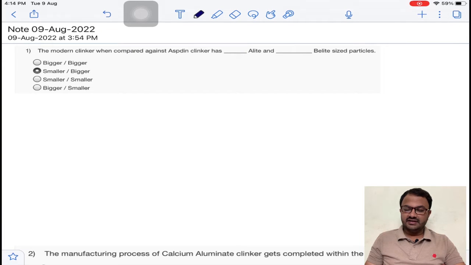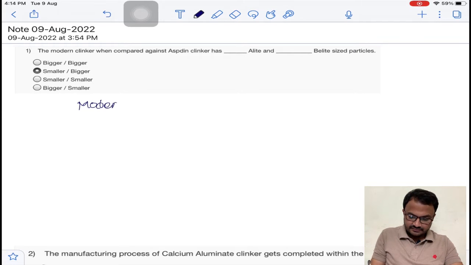So the first question: the modern clinker, when compared against the ancient clinker, has dash amount of alite and dash amount of belite sized particles. The question is a comparison between the clinker that we use now and the clinker that was invented at the start.